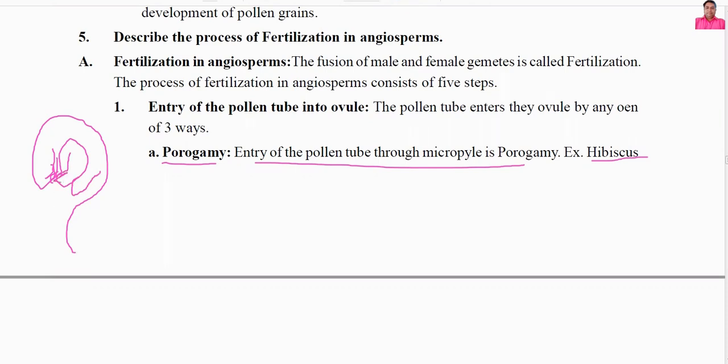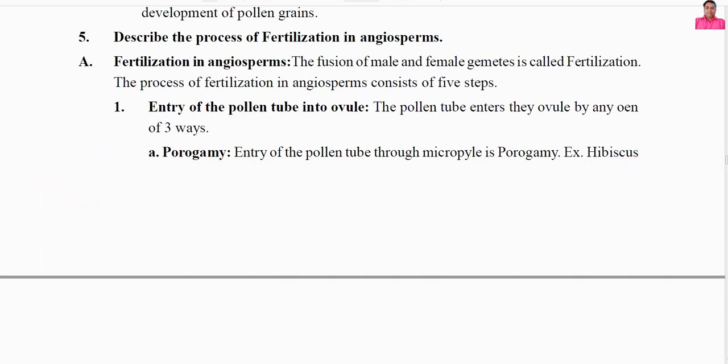If the pollen tube passes towards the micropylar region, it is called porogamy. Example, hibiscus.